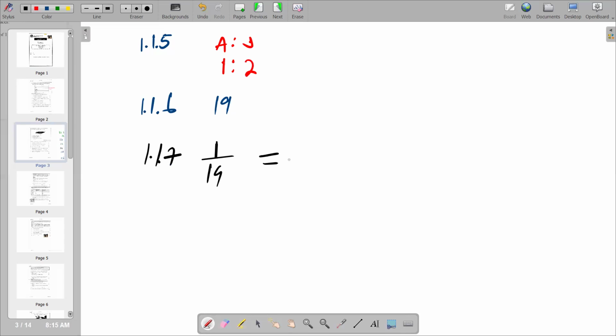If you convert it, you say 1 divided by 19, you're going to get 0.052631. So we round it off to the nearest two decimal places. You see that it remains as 0.05. So this becomes the probability.